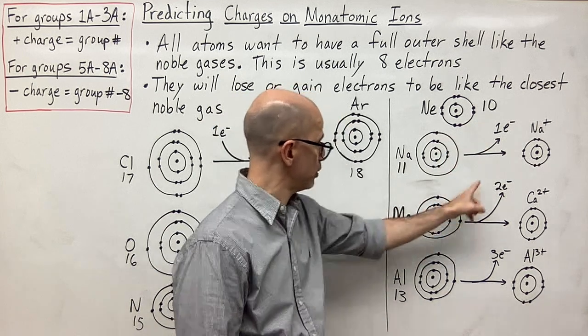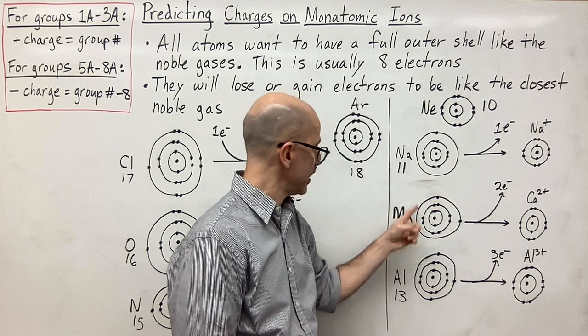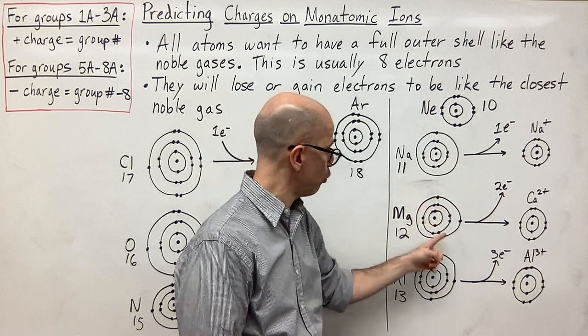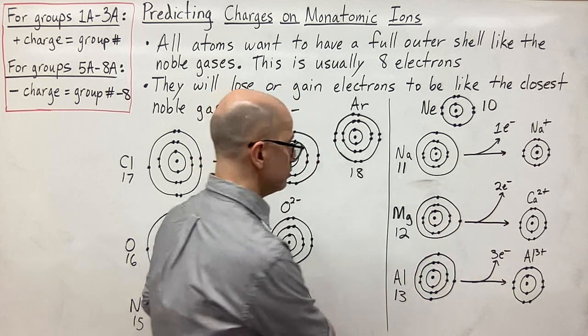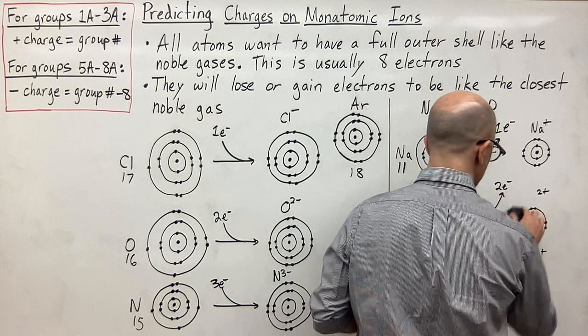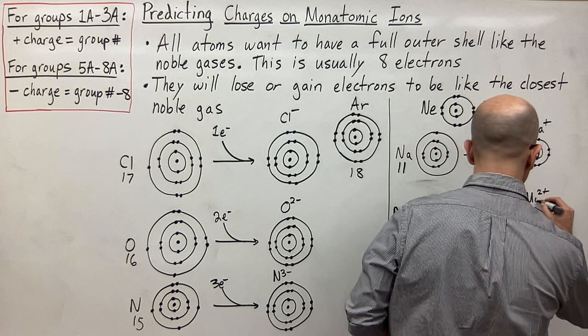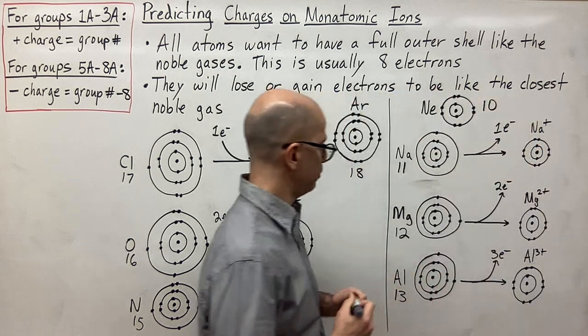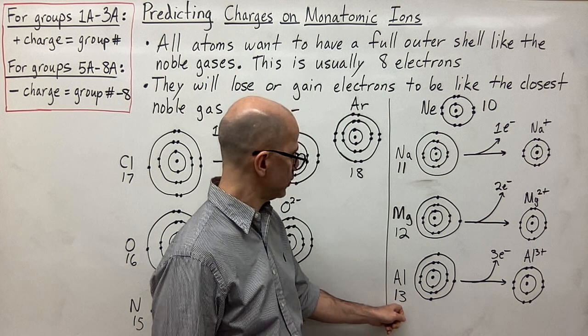So it loses 2 electrons. And then that shell is now empty, and the next shell is full. So now it looks like neon. And again, this is not calcium, but magnesium with a 2+ charge. So there you go. And then finally, you have aluminum, number 13.